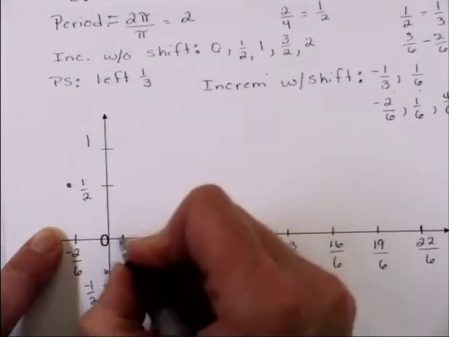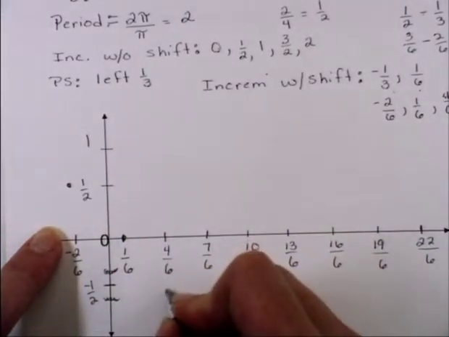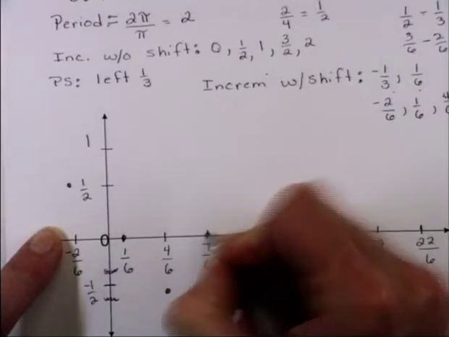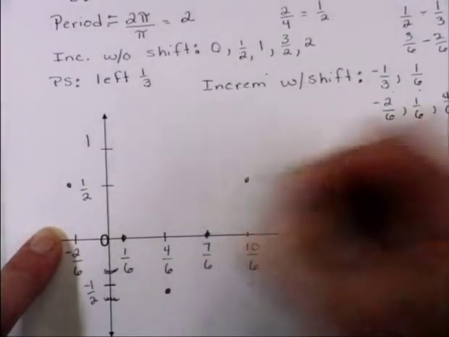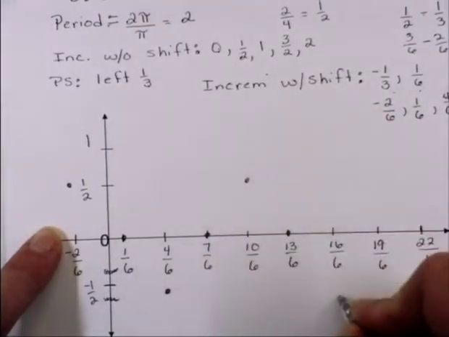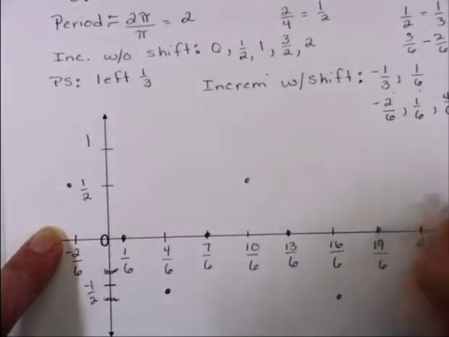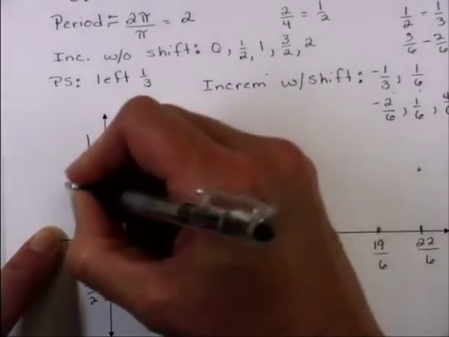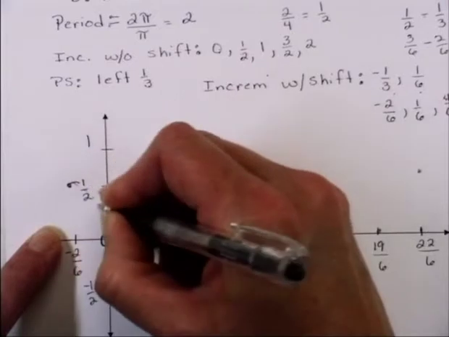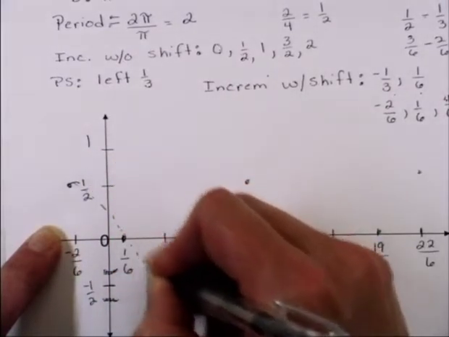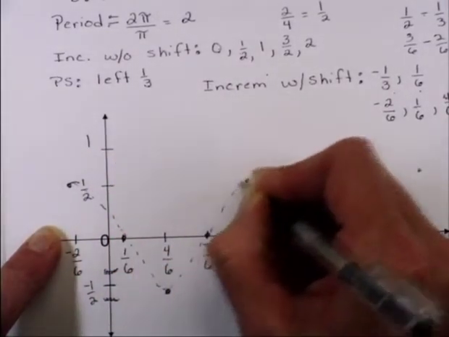At the second value, that's our intercept. Then it's our minimum, intercept, maximum, etc. Connecting that, I'm going to connect with a dotted line this time because we're not really graphing cosine.